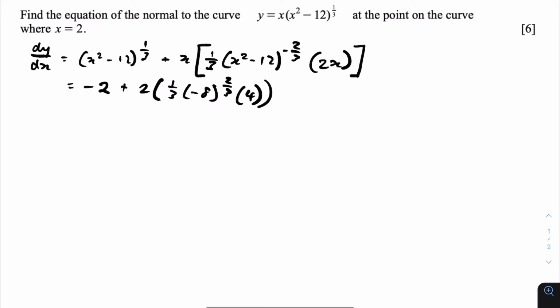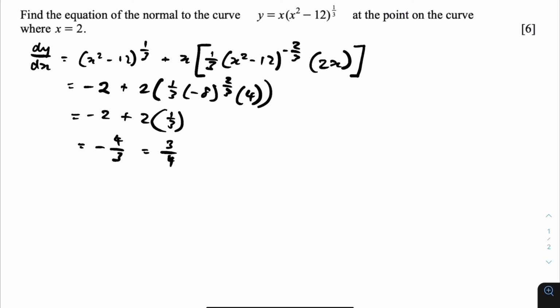So essentially, we have negative 2 plus 2 times, and then negative 8 to the power of 2 over 3 is 4. So 4 times 1 over 3, times 4 is 1, and this overall simplifies to negative 4 over 3. But since we're relating to normals, we have to do the negative reciprocal of that, which is 3 over 4. So our gradient is 3 over 4.